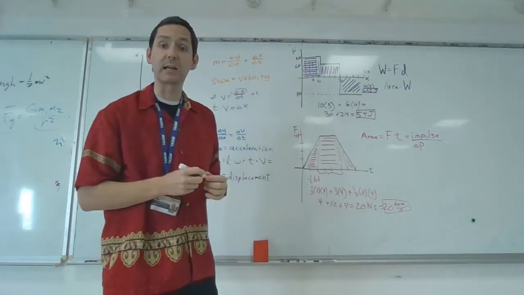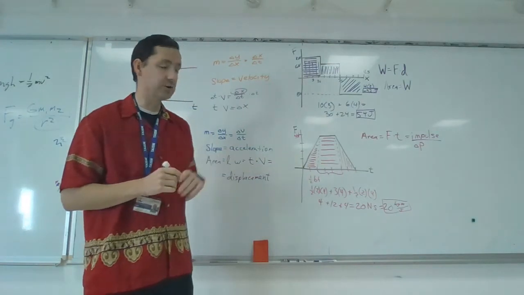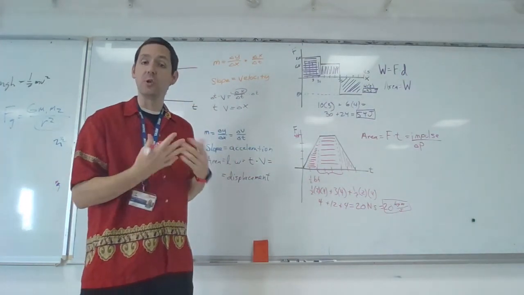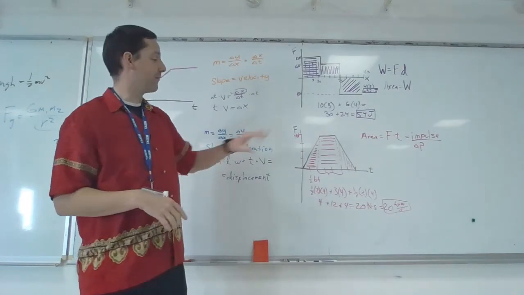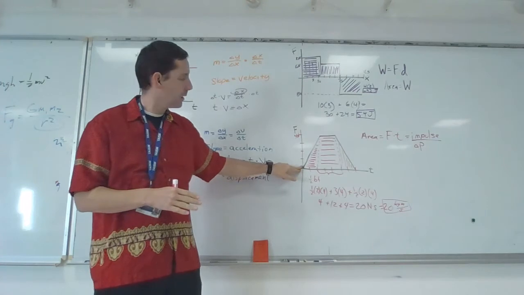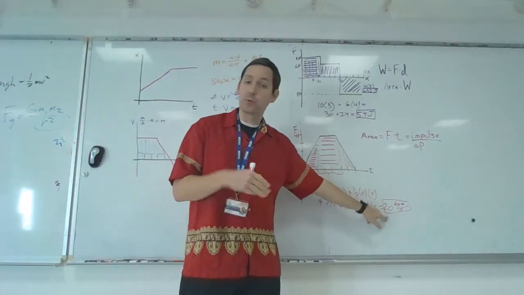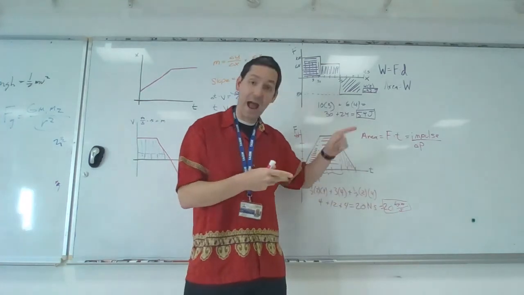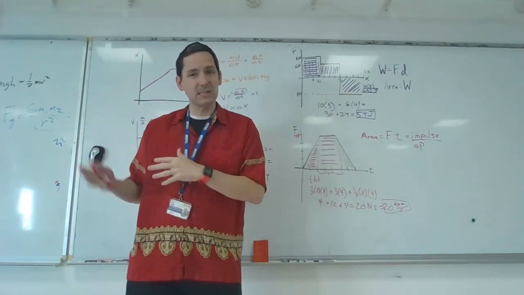So you can use Newton seconds, that's fine. But if you'd rather use the kilogram meters per second to remind yourself that that's the change in momentum, you can do that. So with that information, if I knew, for example, that the object started at rest, the change in momentum would represent how much momentum it has now. And if I know its mass, I should be able to find out how fast it's traveling.